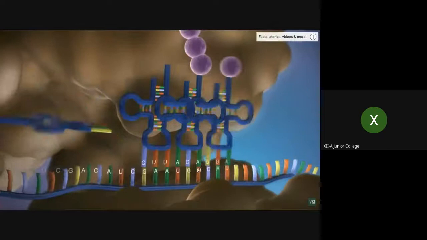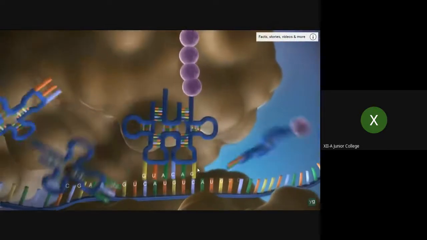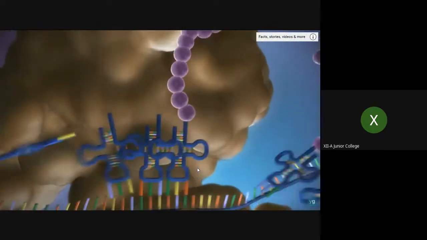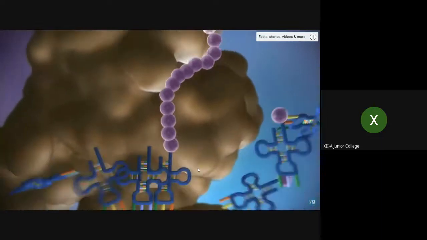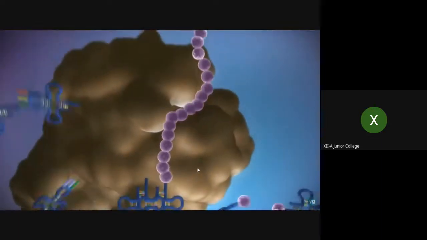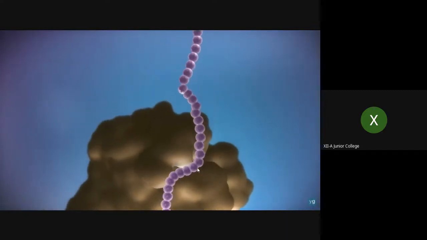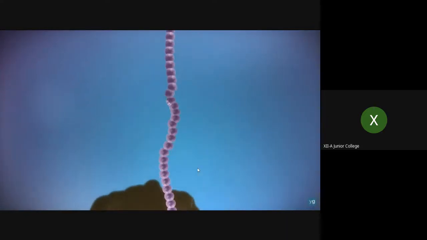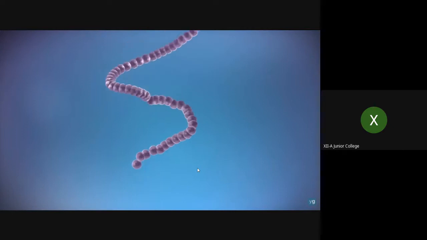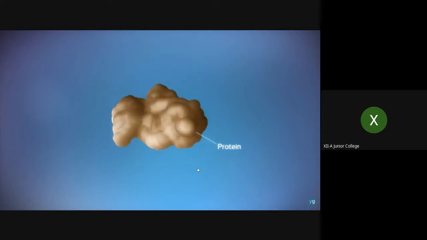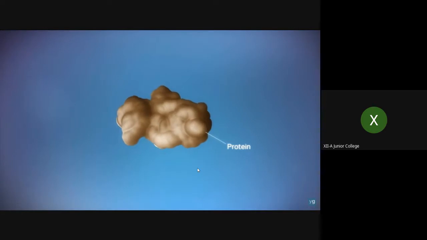How tRNA is added, and each carries the amino acids. So how these amino acids are attached. This is a chain of amino acids. See how it is formed. Then this chain of amino acids forms a 3D shape structure that is called protein.